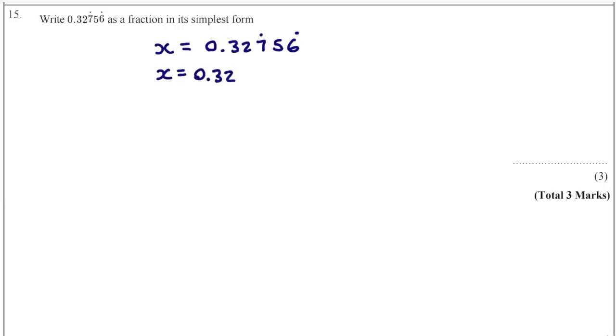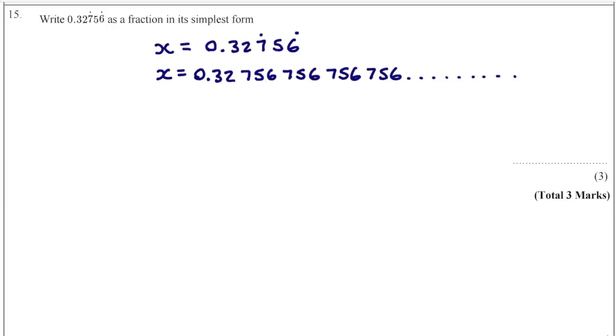So we're going to have 0.32. Because we've got this 7 recurring before the 5, and then the 6 recurring, 756 is going to keep on repeating itself forever.